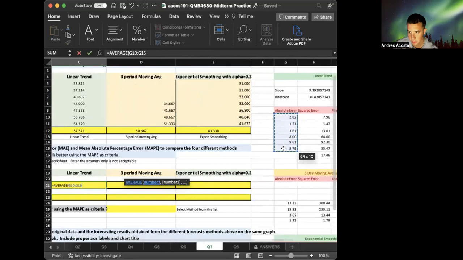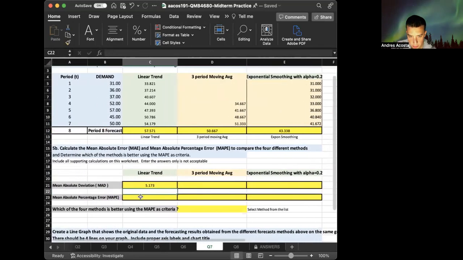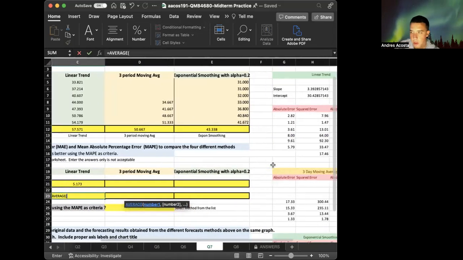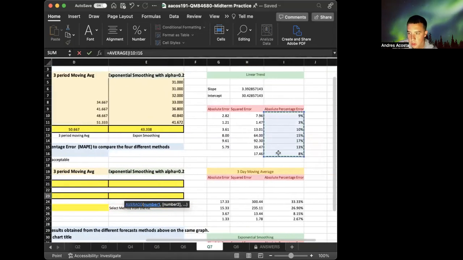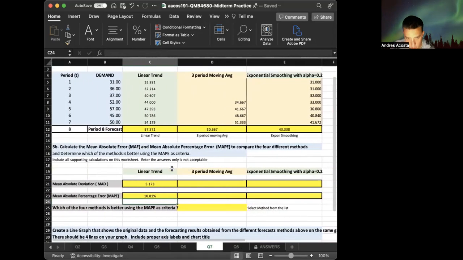You click right here, enter, and then it says the mean for the absolute percentage error. So no, I'm sorry about that, guys, it's average. Okay, and then here, enter. So that is our means for both the deviation and the percentage error.